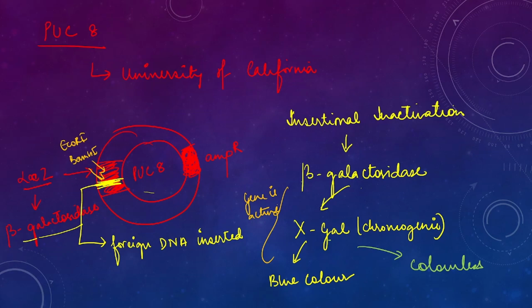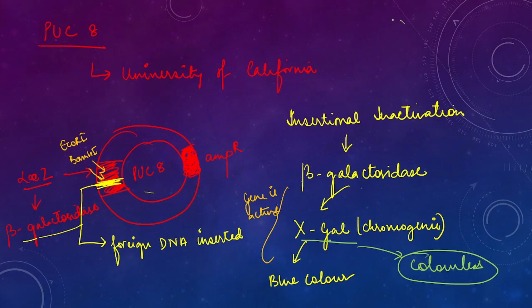Right? Thus, we can differentiate the lacZ gene. We can see the activation and inactivation of the lacZ gene by addition of foreign DNA. If that foreign DNA is inserted into lacZ, it will not produce beta-galactosidase. If it is not producing beta-galactosidase, it does not react with the chromogenic substance X-gal and gives a colorless result. But on the other hand, if beta-galactosidase is produced, it reacts with X-gal and produces blue color.